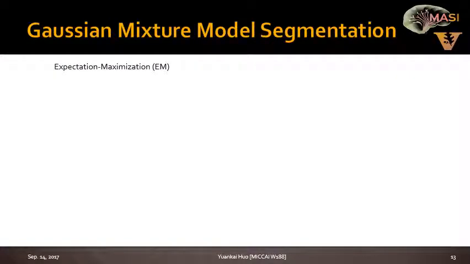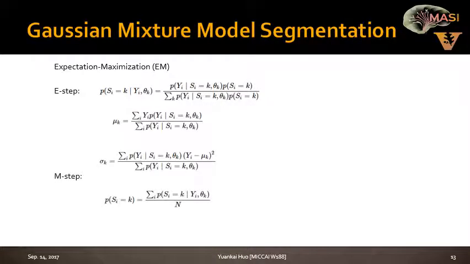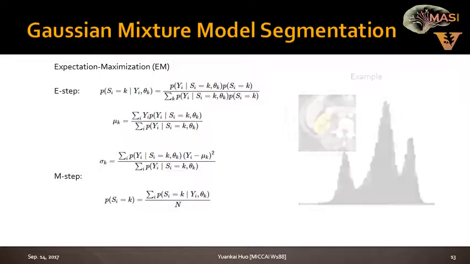Here is the idea of the Gaussian mixture model. This is an expectation maximization-based segmentation method, which contains the E step, which estimates the probability of each label, and the M step, which updates the parameters in the probabilistic model.